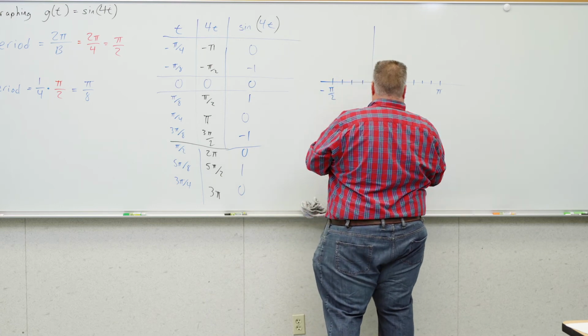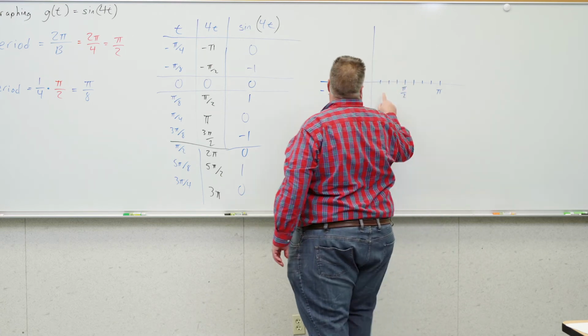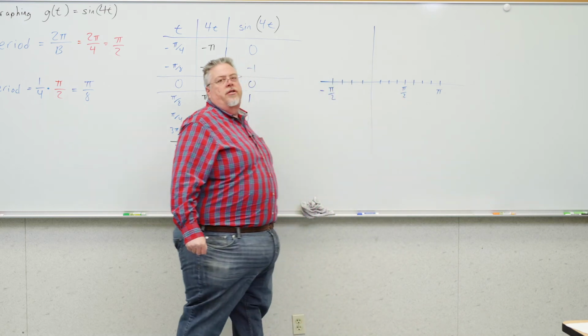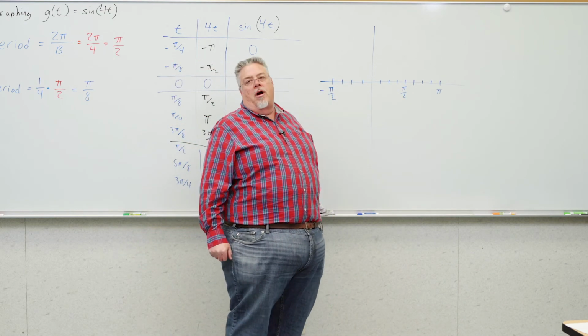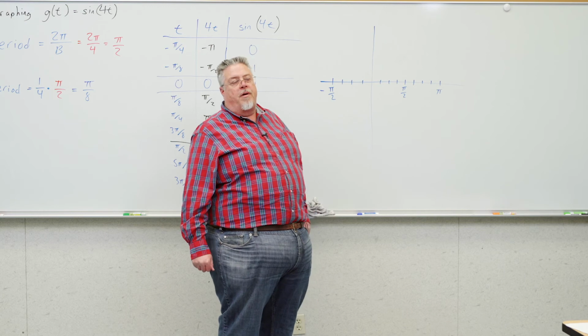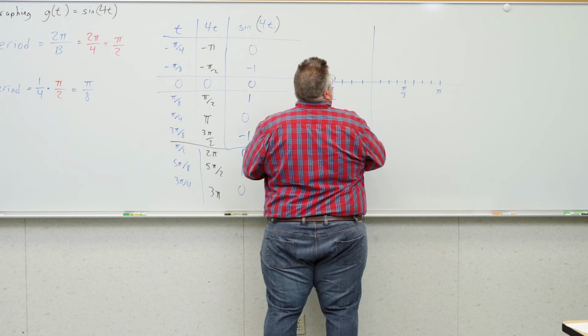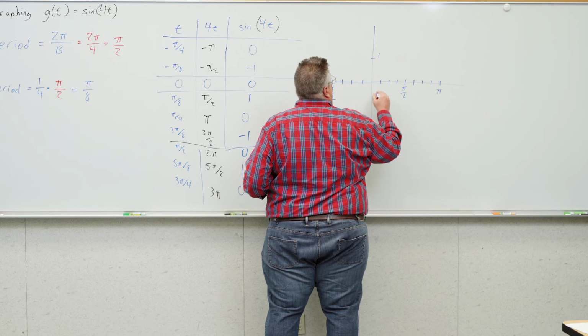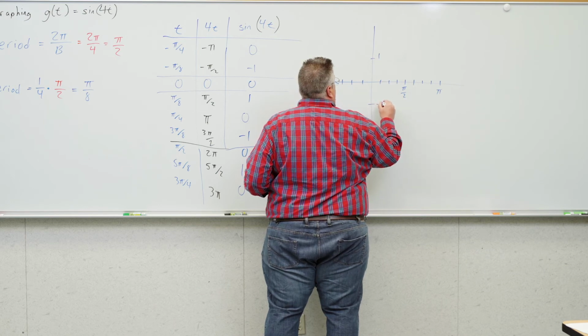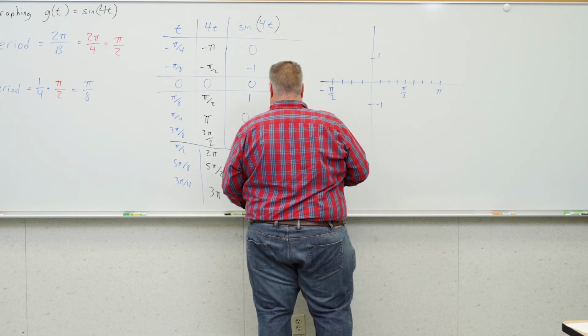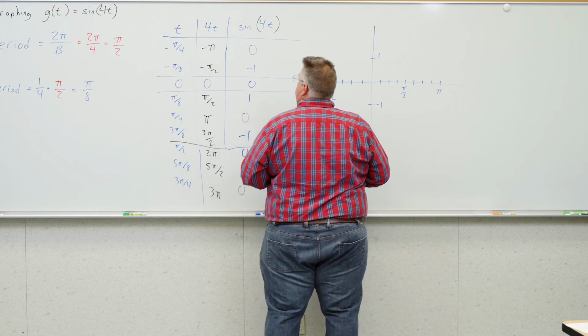So again, my reader looking at this can say, okay, 4 hash marks makes pi over 2. Each hash mark makes a quarter of pi over 2, pi over 8. We're going to be bouncing around between 1 and negative 1. And let's graph these things.